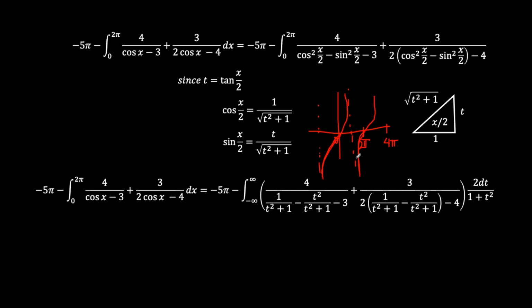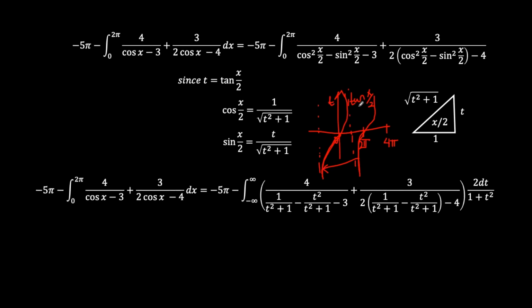And so we can pretty much consider the behavior between pi and 2 pi to be similar to the behavior of our t, because we're looking at t behaving, so this is tangent x over 2.